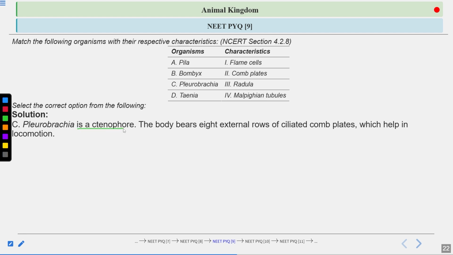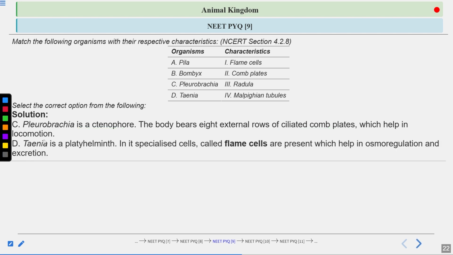Pleurobrachia is a type of ctenophore, a member of the Ctenophora, and the body bears 8 external rows of ciliated comb plates. They are having ciliated comb plates, which help in the process of locomotion. These ciliated comb plates are locomotory organs in the case of ctenophorans.